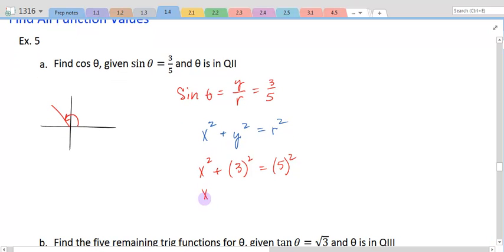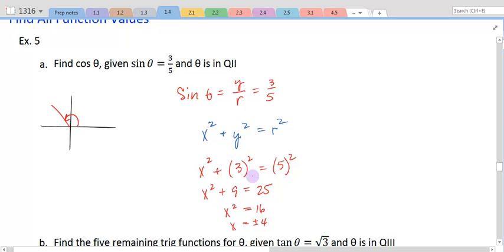So I have x squared plus 9 is equal to 25. Subtract 9 from both sides. X squared would be equal to 16, and therefore x would be equal to both a positive and negative 4, right? Because if I take the square root of 16, I get positive and negative 4.